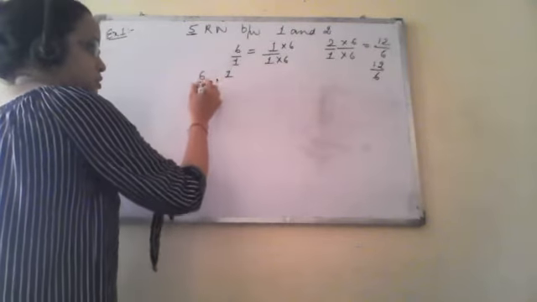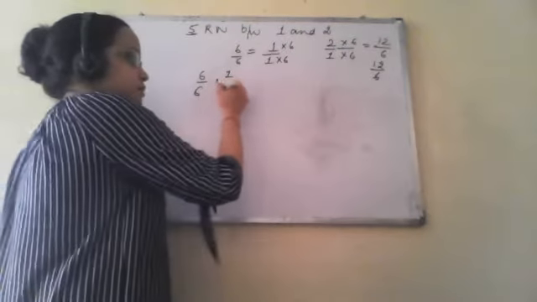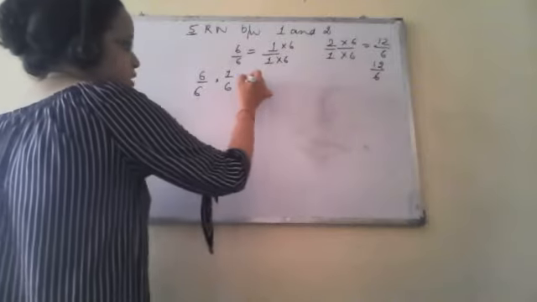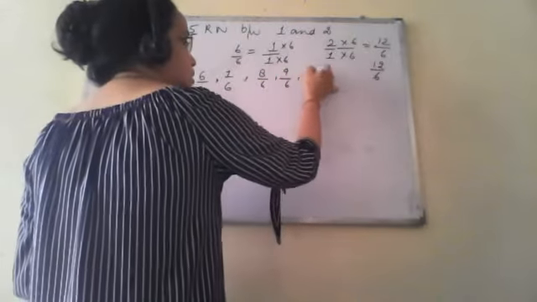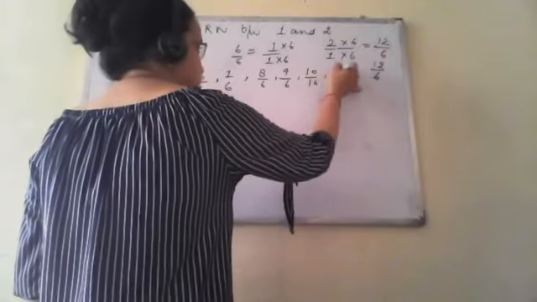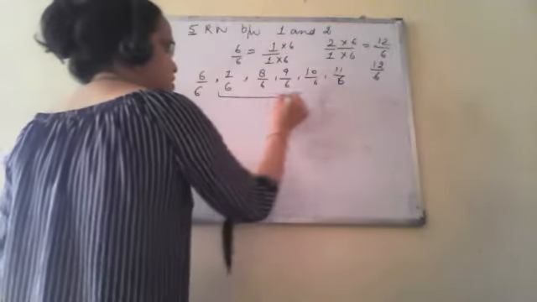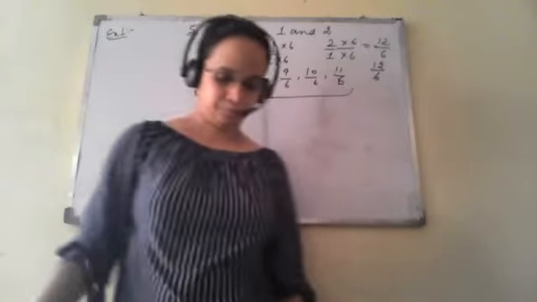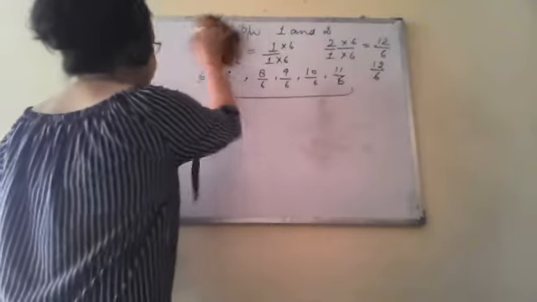This is 6 upon 6, so the next will be 7 upon 6, 8 upon 6, 9 upon 6, 10 upon 6, 11 upon 6. So these are 5 rational numbers between 1 and 2. Okay. Now, a few more examples.